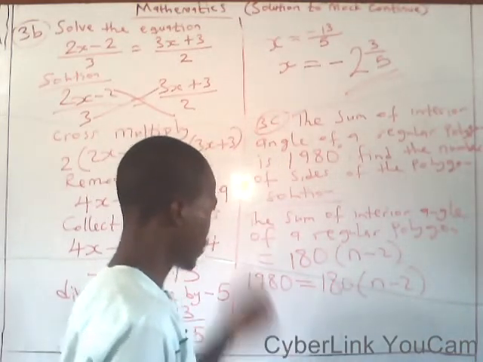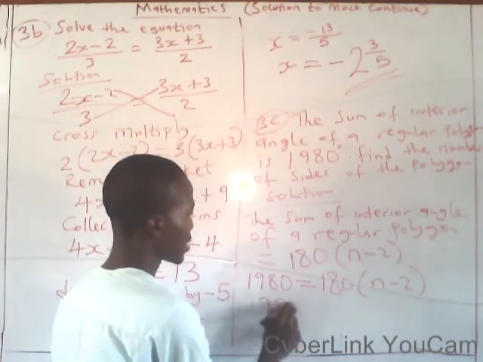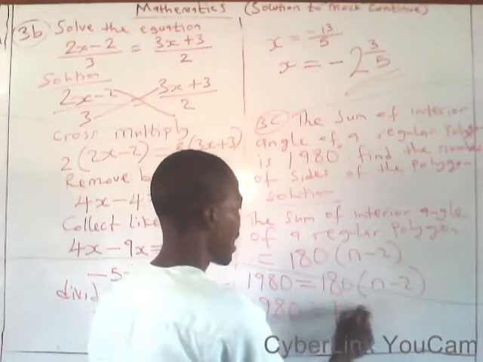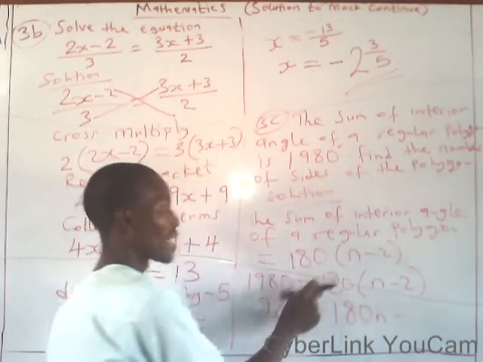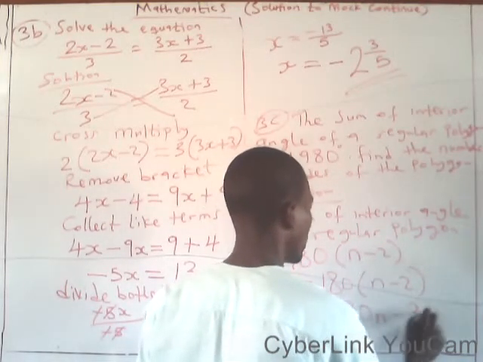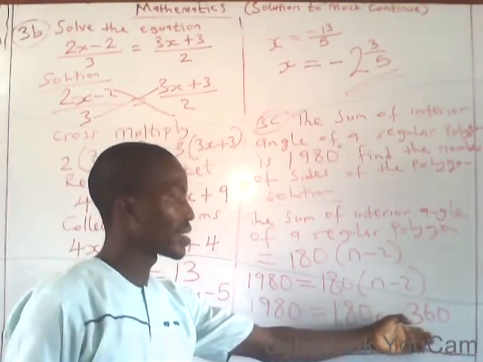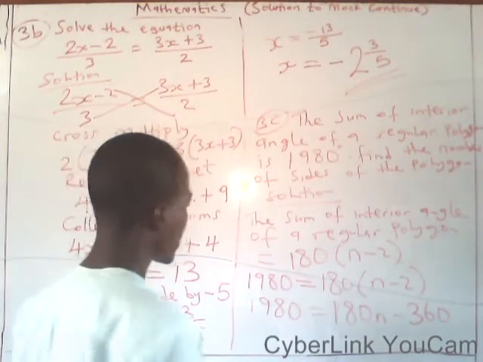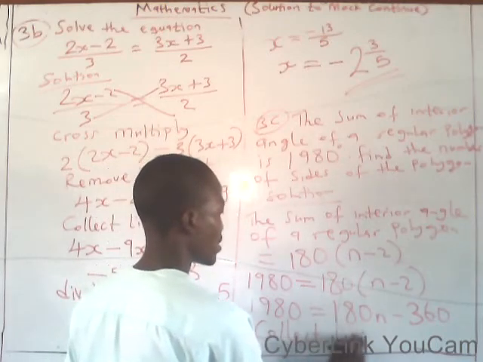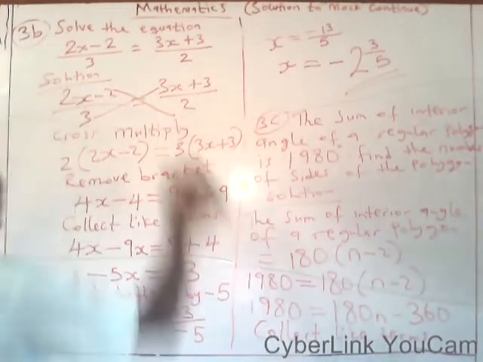If we have this, we open the brackets. 1980 is equal to 180 multiplied by n, that is 180n, minus 180 multiplied by 2, that is going to give us 360. Now we are going to collect like terms.